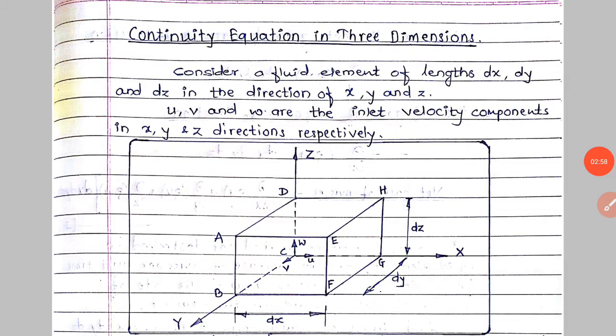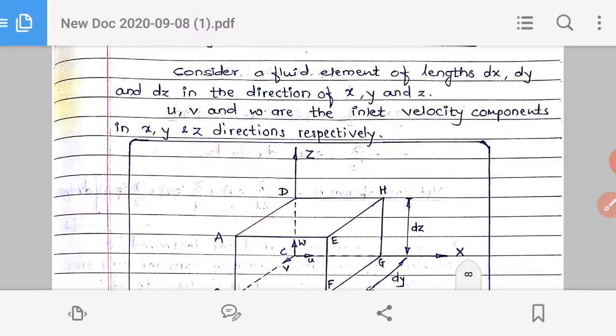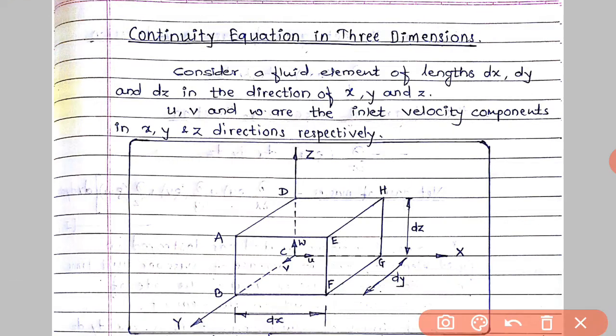Now we are going to see the continuity equation in 3 dimensions. For that, consider this rectangular block and the directions, x direction, y direction and z direction. Consider a fluid element of lengths dx, dy and dz.